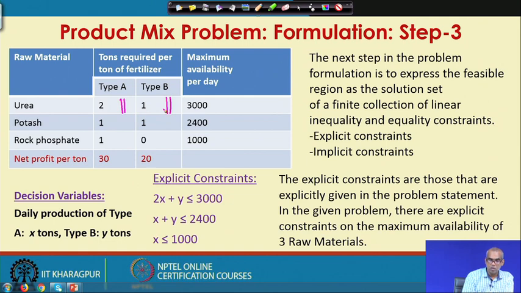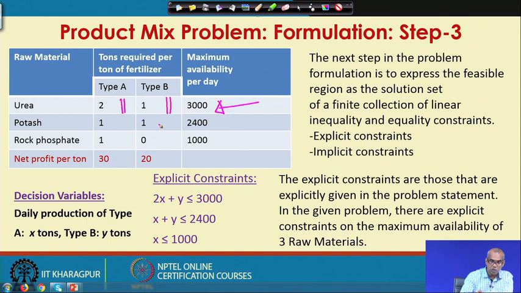So, to produce y ton of fertilizer B, we need y ton of urea. So, total amount of urea is 2x plus y, that must not exceed the maximum available value per day. So, 2x plus y is less or equal to 3000.